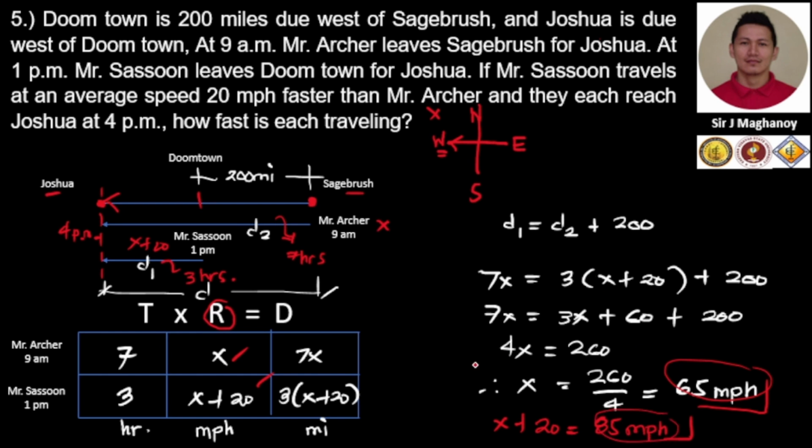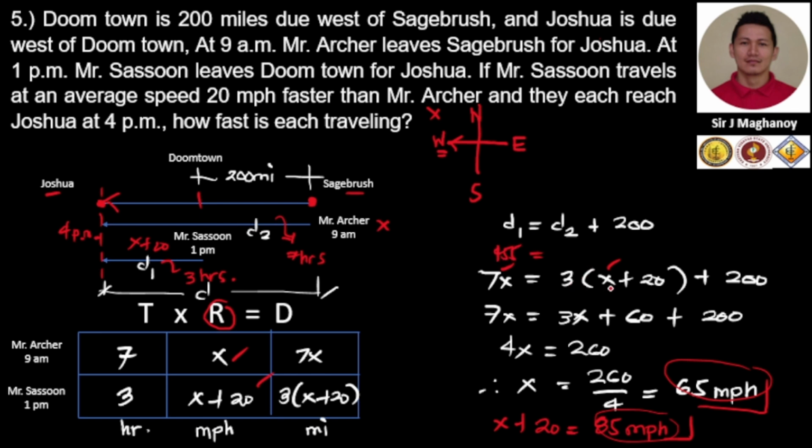If we are going to check if our solution is correct, let's substitute the answer x back into our equation here and here. Then you can have an equal equation. Both sides: 7 times x, that would be 455.